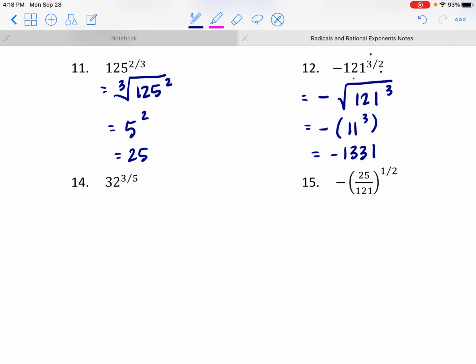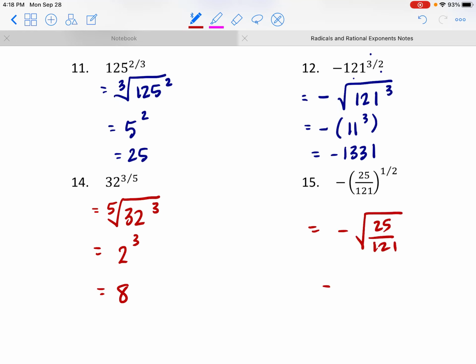All right, let's try this guy. This is the 5th root of 32 cubed. The 5th root of 32 is 2, and then we cube the 2, which makes 8. Okay, 1/2 power here. Remember what the 1/2 power is? That's just a square root. So this is a negative square root of 25 over 121. So the square root of 25 is 5, the square root of 121 is 11, so this is a negative 5 over 11.